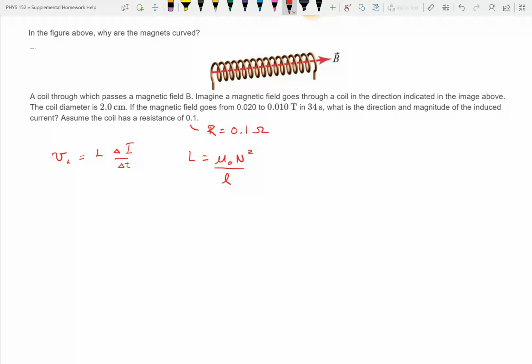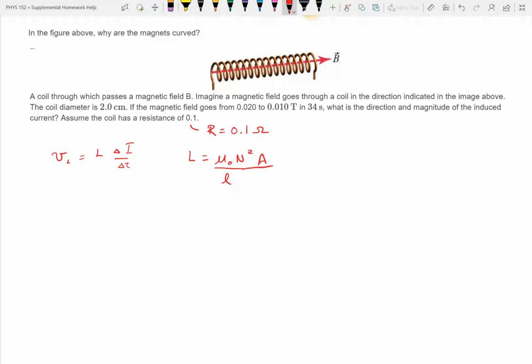I can find it. Where L is, right there. Mu naught N squared, I'm missing the area. So that's one way of doing it. This is an inductor, so let's go with that.